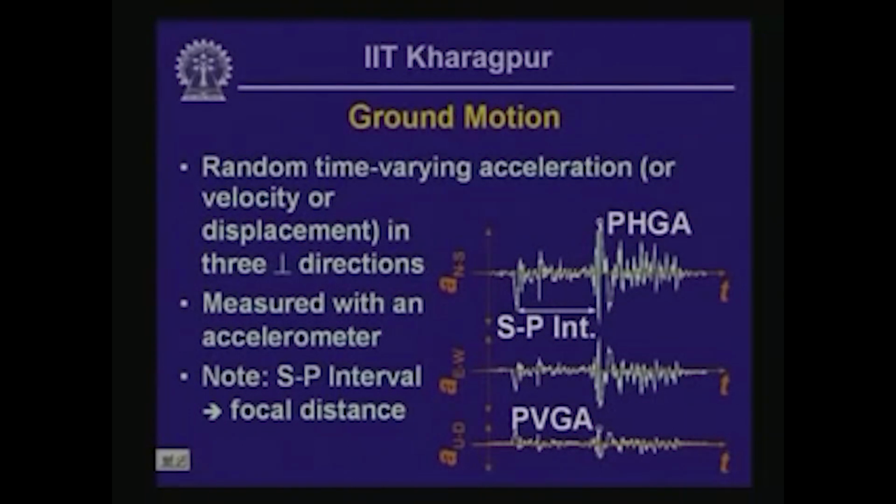Now, if you calculate the SP interval from the ground motion measured at 3 different sites, you can find out the location of the focus of an earthquake by considering the velocity of P wave movement within the intervening rock mass, and the velocity of S wave movement within the intervening rock mass.